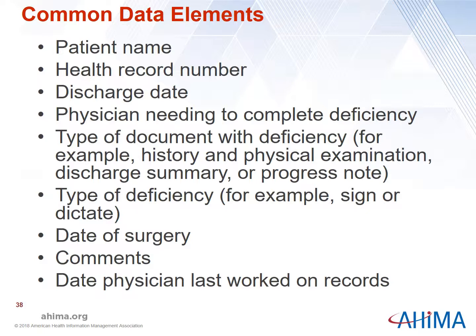Common data elements in this system are patient name, health record number, discharge date, the physician needing to complete the deficiency, the type of document with deficiency, the type of deficiency, date of surgery, comments, and the date the physician last worked on the record.